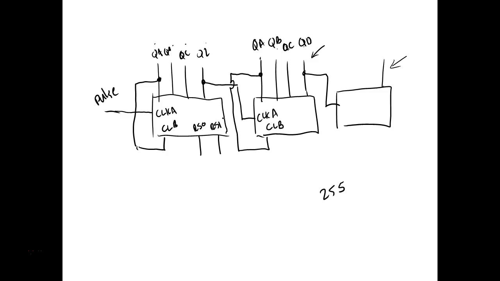They call it CP0 or CPA and CP1. It's actually clock A. So clock A is going to be CP0 and clock B is going to be CP1, right? You understand that? So what I have is these two.